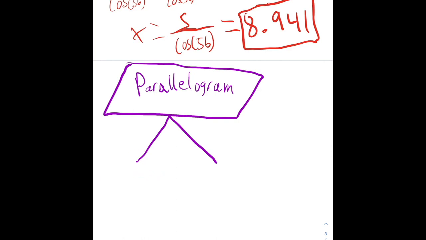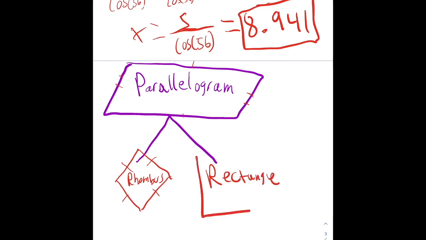Maybe we do a different color. These ones are equal, these ones are equal, and they're parallel. And then you can also have a rectangle, which has 4 90-degree angles.